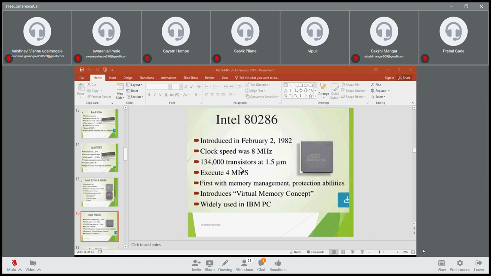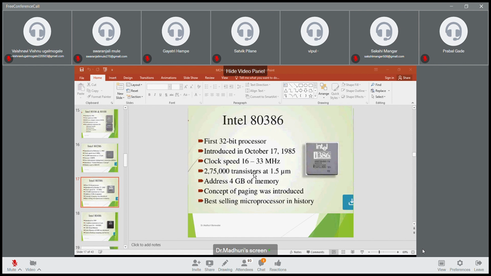Give me a reminder, guys, because I want to remember where we are. This we have finished, 80486, 286. I think we have not finished 286. Am I right? Yes, ma'am. 80486, 386 approximately. Okay, 286 is also done, fine. Now we are here at 386. No, ma'am, we haven't finished it.